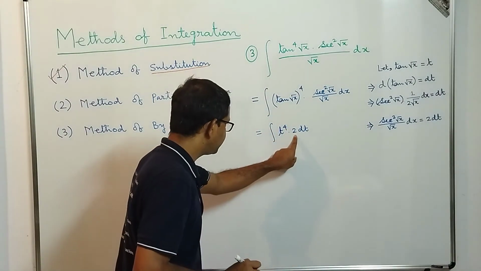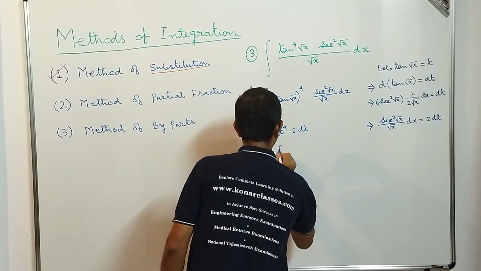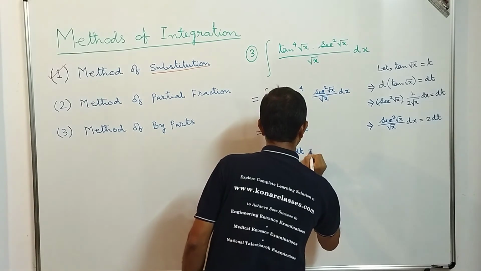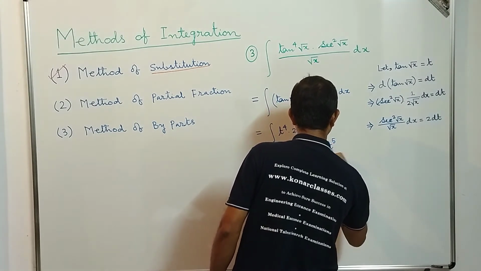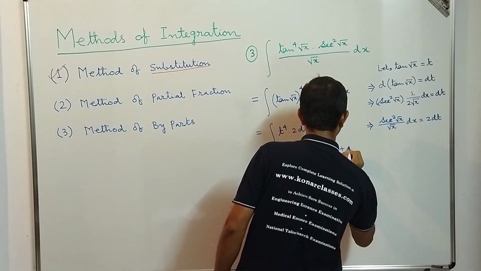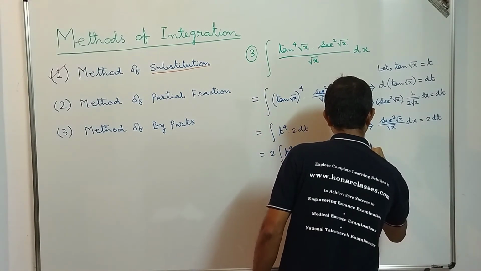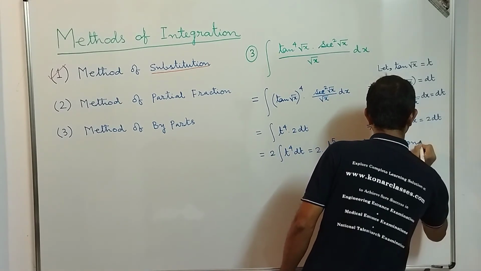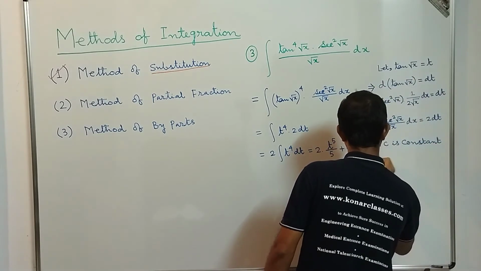Correct? So now this 2 we can take outside of the integration. So what we get? 2 into integration t power 4 dt. That is equal to 2 into, as you know dear students, t power 5 by 5 plus c, where c is constant of integration.